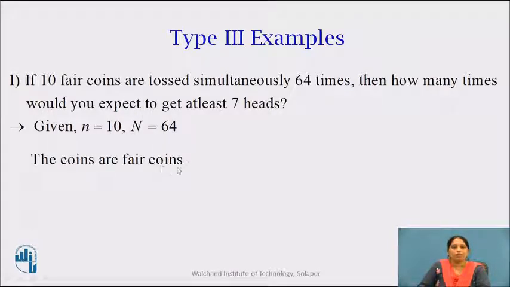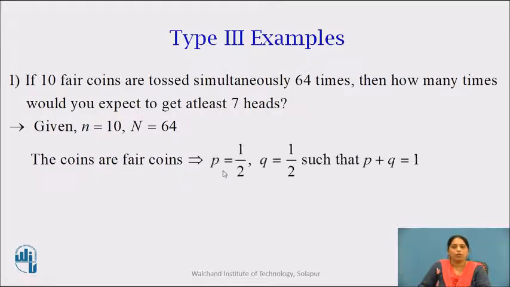The coins are fair coins, therefore the value of small p, getting head, is 1 by 2 and the value of small q, that is getting tail, is equal to 1 by 2, such that p plus q is equal to 1.